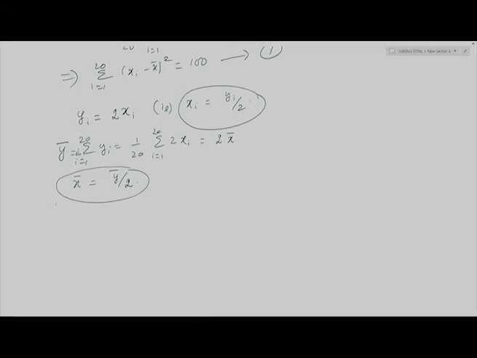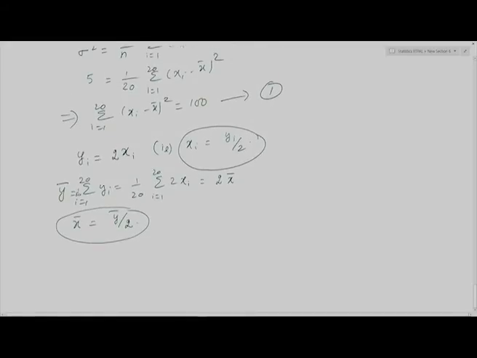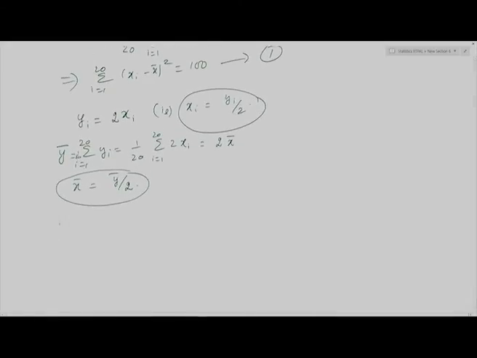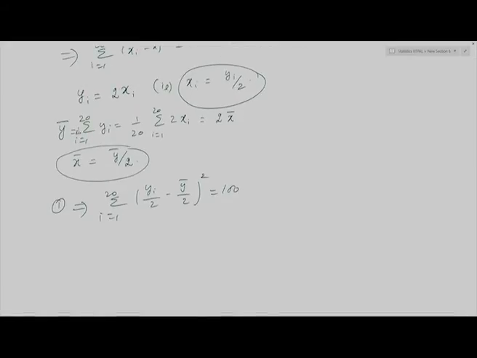Now, I substitute in the given equation 1. From equation 1 we write sigma i equal to 1 to 20 of yi by 2 minus y bar by 2, whole square, is equal to 100. Now I can take the 2 outside, so it will become 1 by 4, and the 4 will go to the right side as 400.